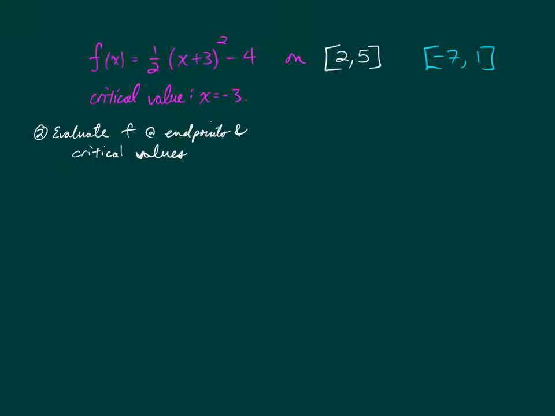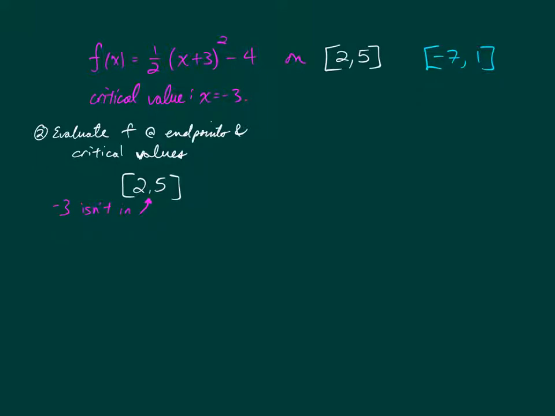Now this is where it gets just a little bit interesting, because on the interval 2, 5, -3 isn't in there. -3 is not on the interval, so we cannot use the critical value if the interval does not contain the critical value.